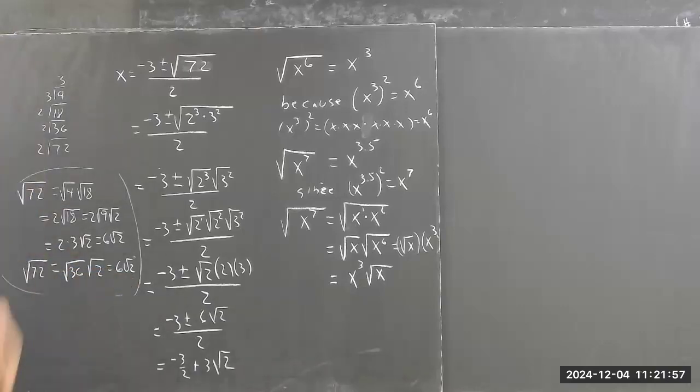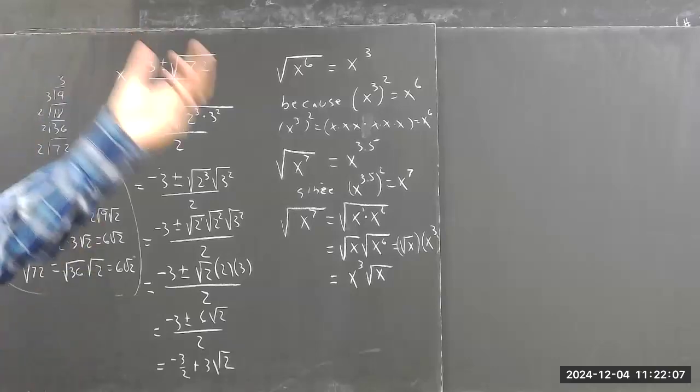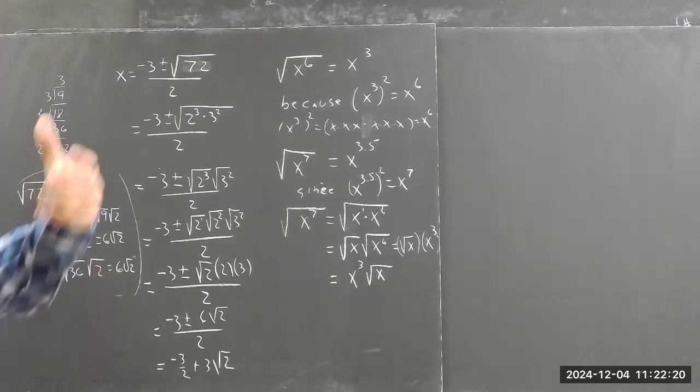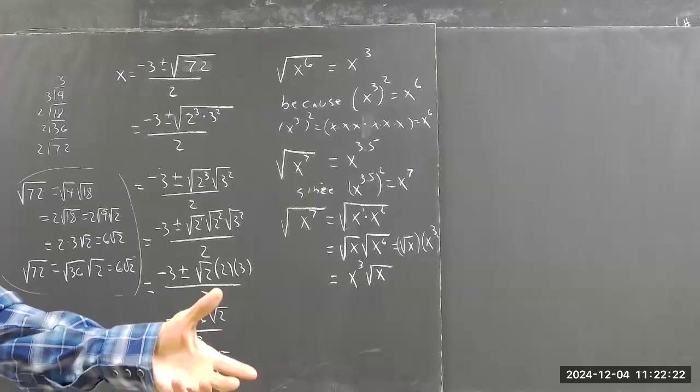You could start with the prime factorization, and if you've got a pretty big number in here, that's probably not a bad idea. If you got a number like 712 or something like that, instead of 72, you probably want to go to the prime factorization to make sure you've got every possibility. Now, if you know what the squares of all the numbers up to 20 are, then you'd be okay.